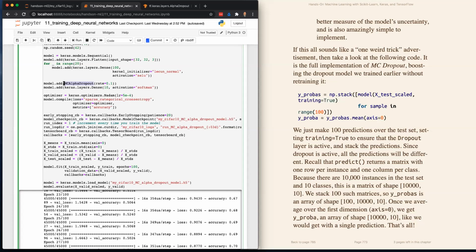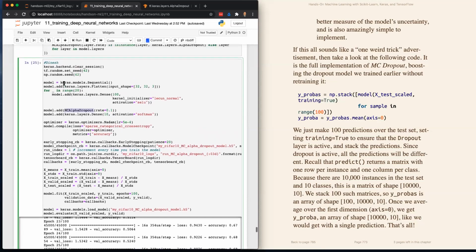Yeah, yeah. Okay, I get it. Since nothing gets trained in the dropout layer, I think you can do that. That's clever. There are no weights in the dropout layer. Yeah, I understand what you're saying.